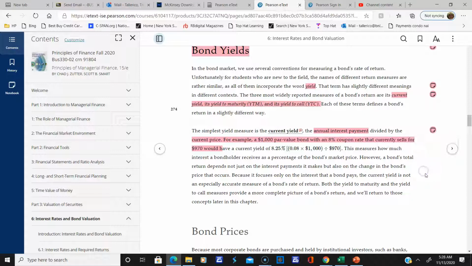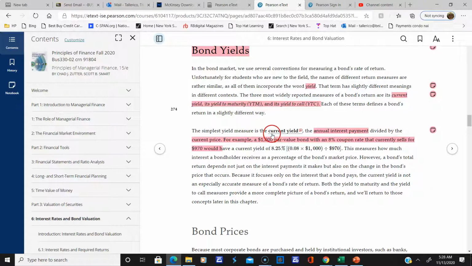Bond prices change every minute of every day. A bond price has an inverse relationship to its yield. So as the yield goes down on new issues, the bond prices go up. Okay, so it's an inverted convex curve. So that's very important, okay?